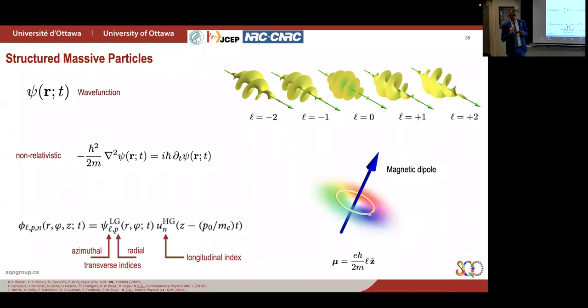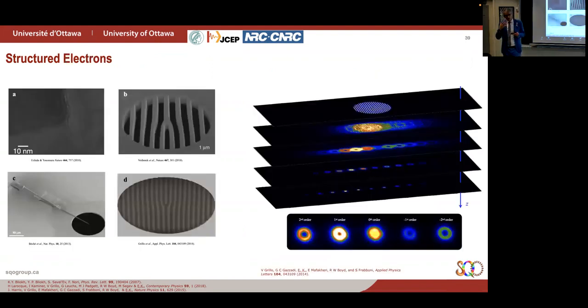People who work in electron microscopy appreciate this because we don't have a spin-polarized electron microscope in the middle energy range. So this is another way to create a magnetic moment for electrons, and you can use it in electron microscopy. That was first done by Yoshida in 2010. Then it was done by Joe Verbeeck with the holographic approach, where you can control the phase of the electron beams.